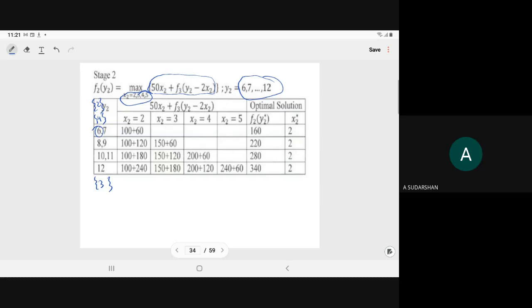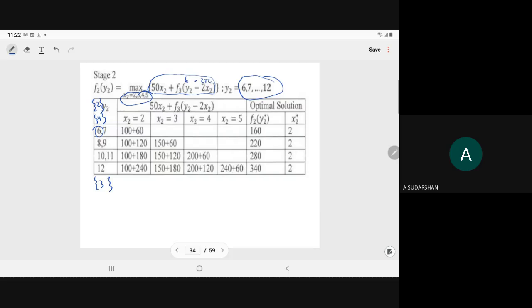Clear this part? Now, when x2 is equal to 2 and y2 is equal to 6 or 7. So when y2 is equal to 6 and x2 is equal to 2, it will become 2 into x2, that is 4.